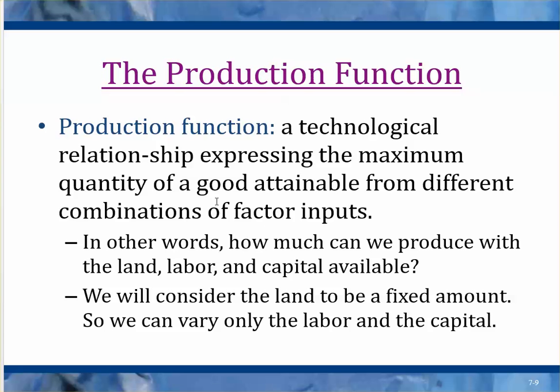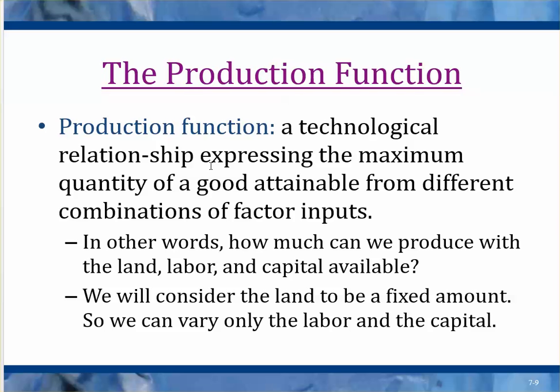So you can look at the definition for production function. It not only emphasizes the factor inputs, capital, land, labor, entrepreneurship, but also requires the maximum quantity of a good attainable. So they want to maximize the possible output, and use a technological relationship, which means you need to organize your production factors well.